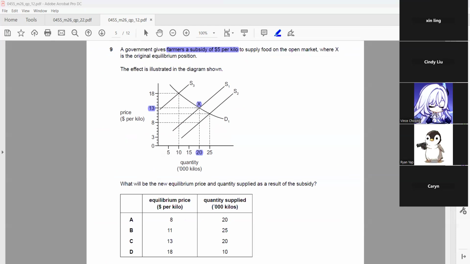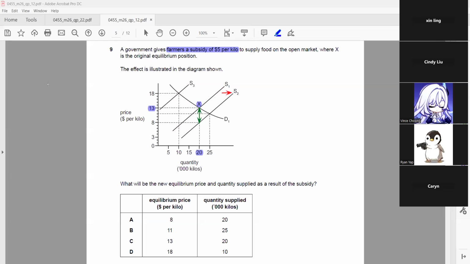So that means there's a gap here, $5, the subsidy. So we have to find out the new equilibrium price and new equilibrium quantity. The subsidy will shift the supply curve to the right.